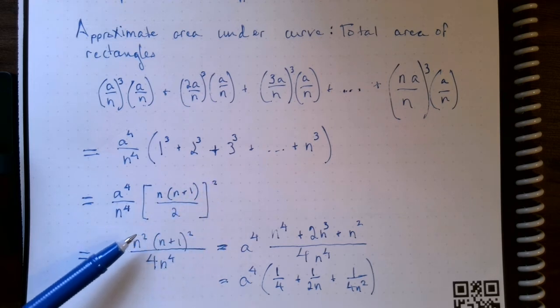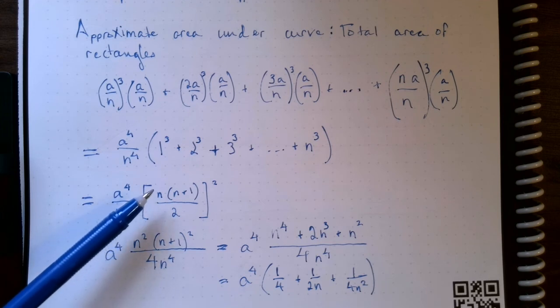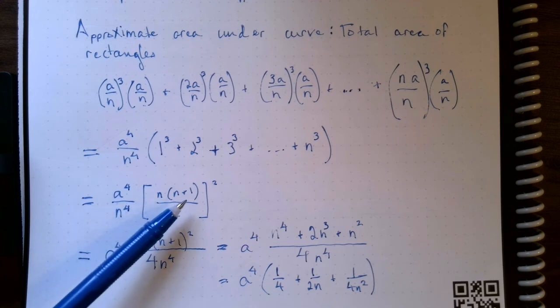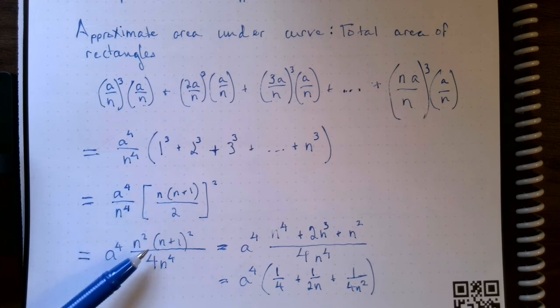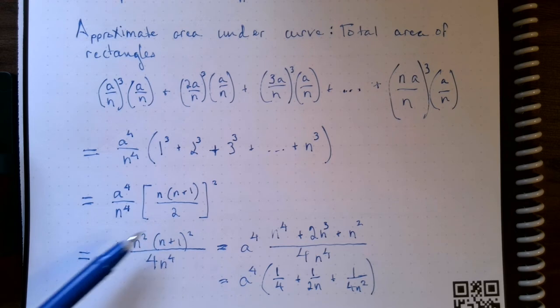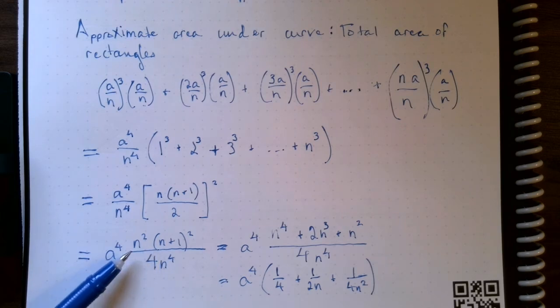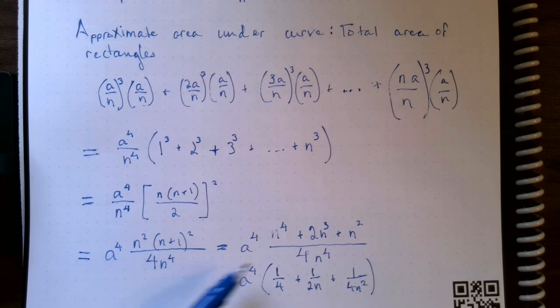All right, now if we do the math over here, I would have to square both of the terms. I'd have to square this, I'd have to square this. Of course, I also have to square the 2 downstairs. So I get this. Expand out this, and you get n squared plus 2n plus 1. Distribute through a factor of n squared, and you get this right here. Break up the fraction, and you get this.